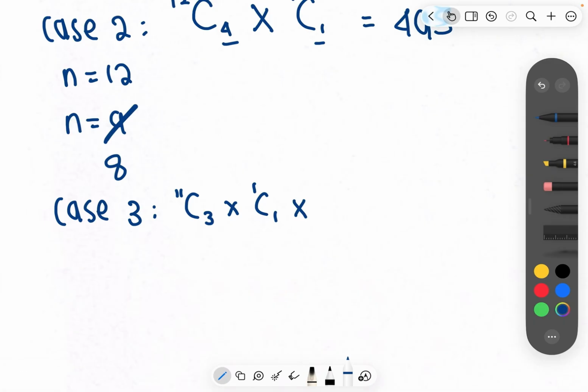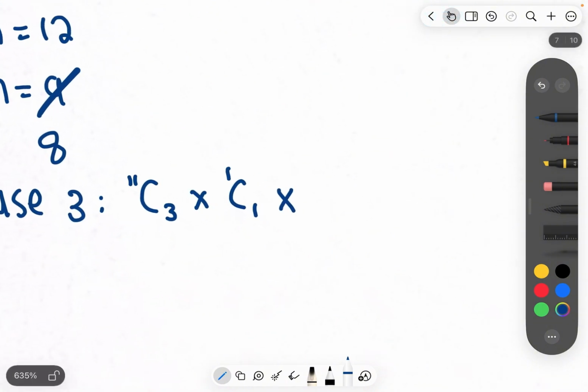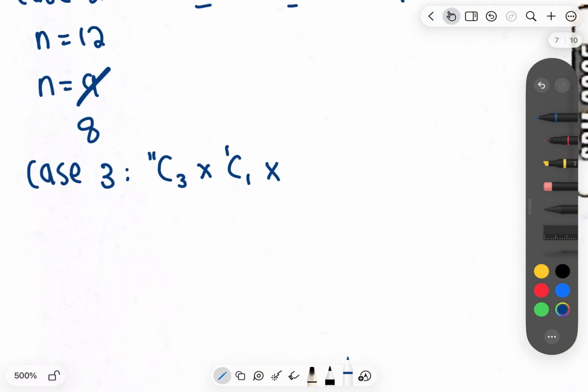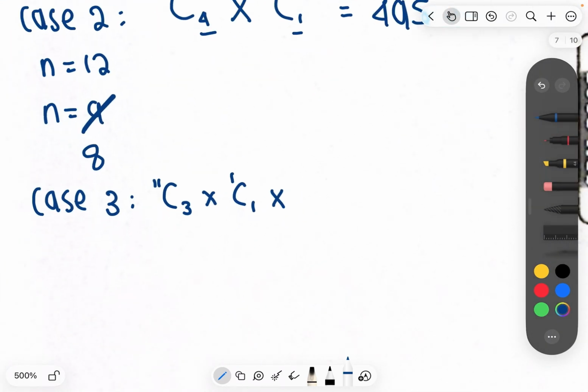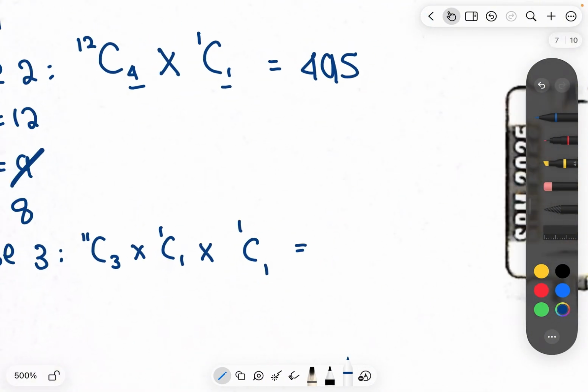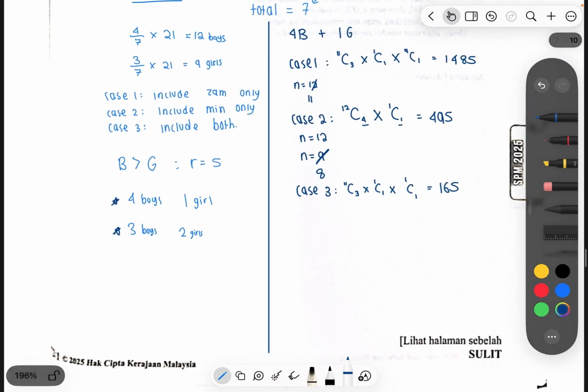So 8C0 basically doesn't need to be included. So it becomes 3 plus 1 is 4. So I want to include Min. I choose Min. There's no other girls. So 11C3 times 1C1 times 1C1 is equal to 165.